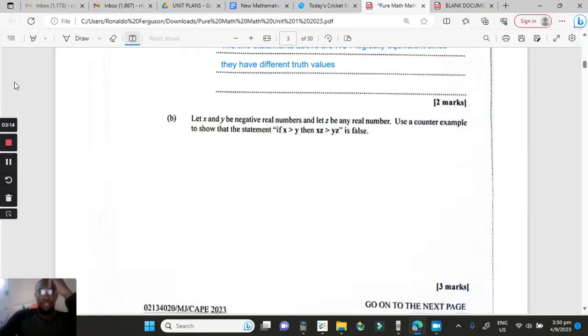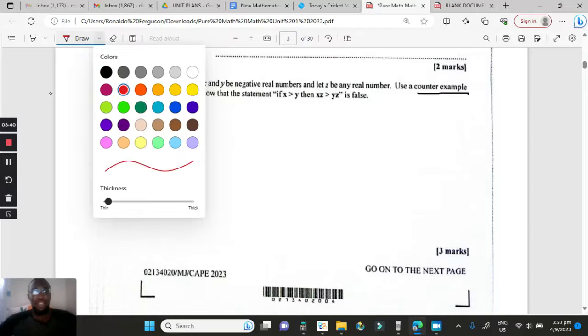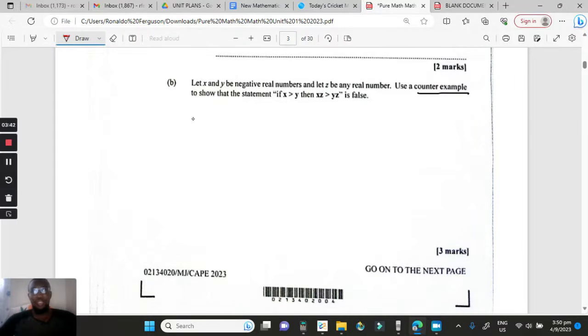Now part B. Part B says let x and y be negative real numbers and z be any real number. Use a counter example to show that the statement, if x is greater than y, then x times z is greater than y times z, is false. Notice they said use a counter example to disprove the statement. Anytime you're showing something is false, you're disproving the statement.